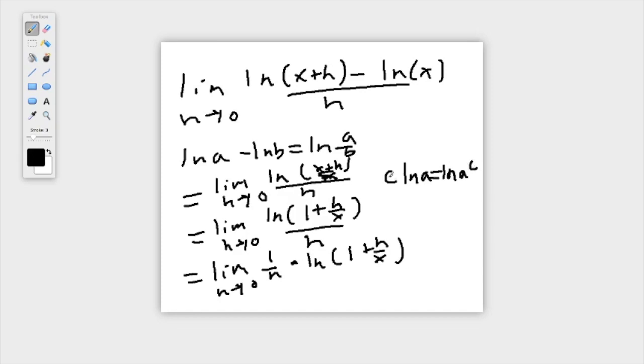Basically, the coefficient of the natural log is the exponent of the argument, if that makes sense. So we can rewrite this as the limit as h approaches 0, ln of 1 plus h over x, to the 1 over h.